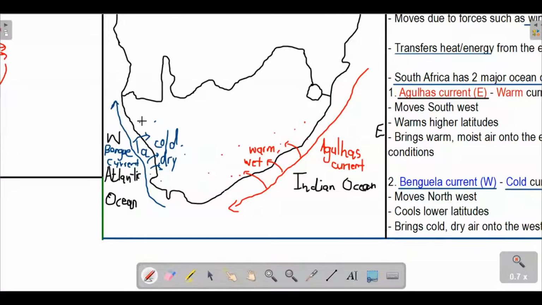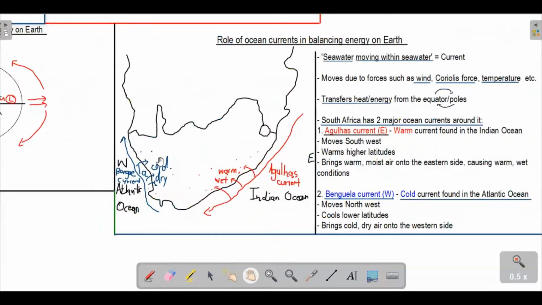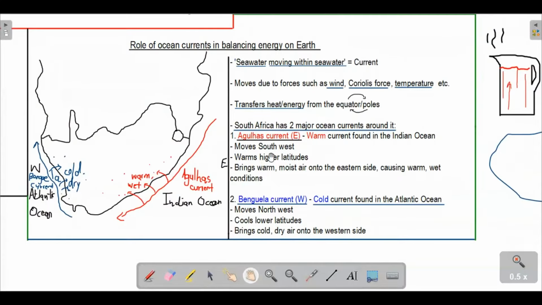Then on the western side, you have cold and dry air. Cold and dry air does not promote any rainfall, and so that's why it is dry here. That's why we have a dry climate on the western side, without much precipitation. So that is important to note.